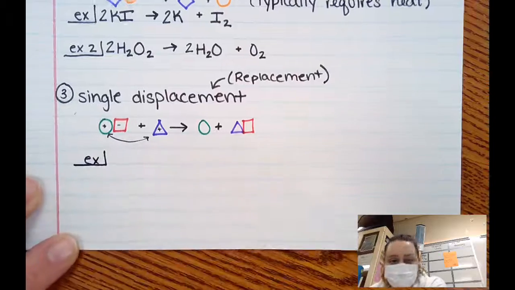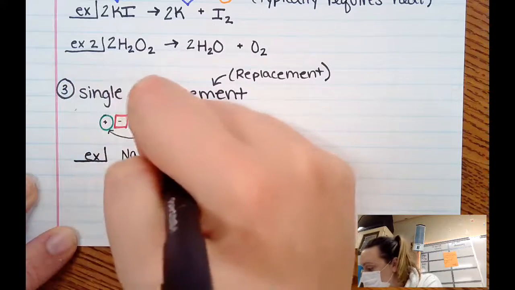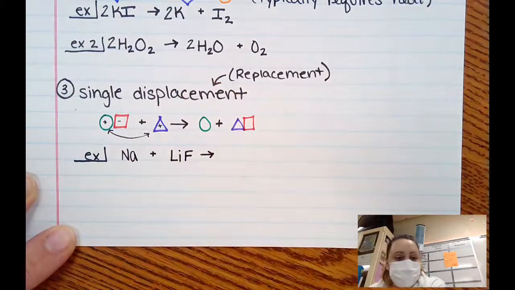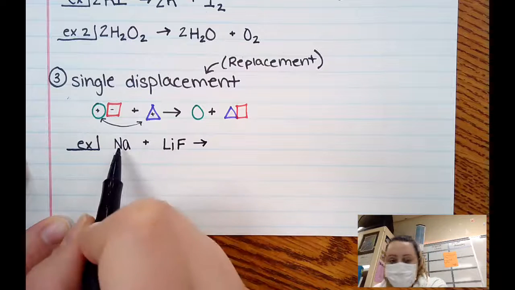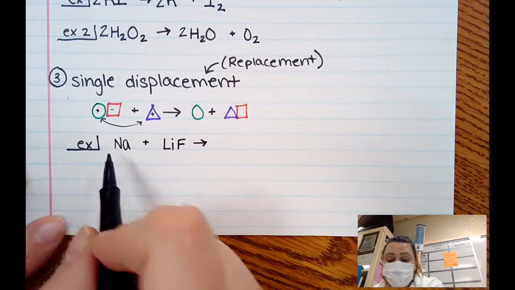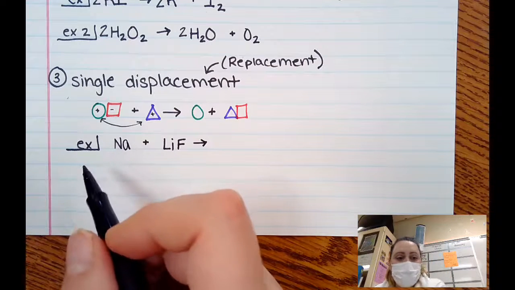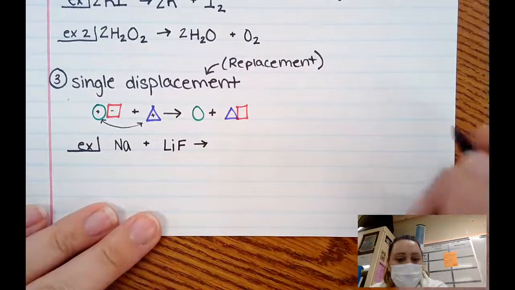An example of this is fluorine will break up with lithium and bond to sodium because sodium is more attractive to it. It's higher on something we call the activity series. You will not have to predict if this will occur.